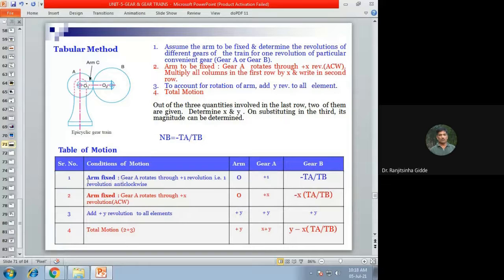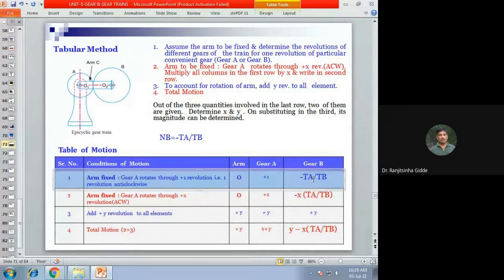Okay. So first row is completed. Now what is second? Second row. Again the condition is not going to be changed. So how to proceed further? The arm is fixed as it is. Gear A rotates through plus X revolution.